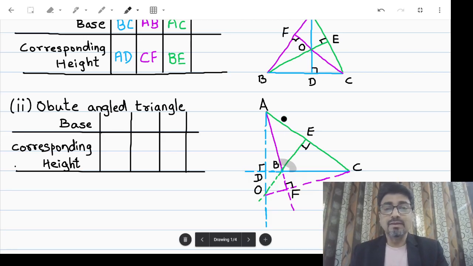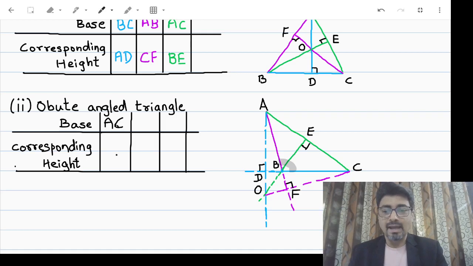So, starting with the base AC, the perpendicular drawn from opposite vertex B on the base AC is BE. So, I write here for the base AC, the corresponding height is BE.